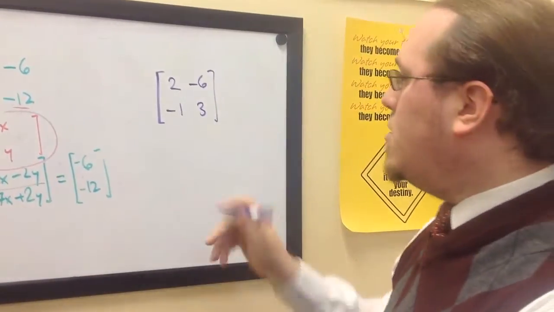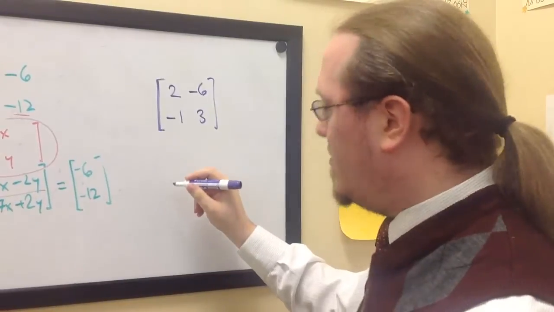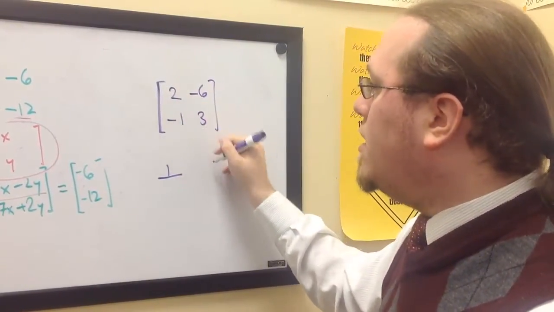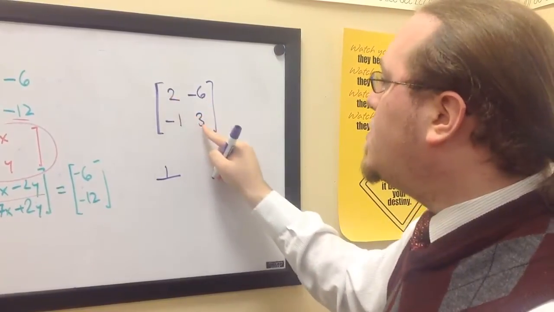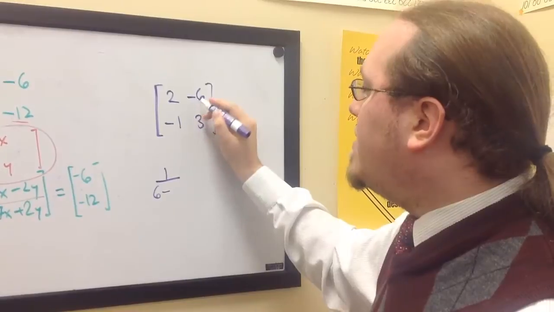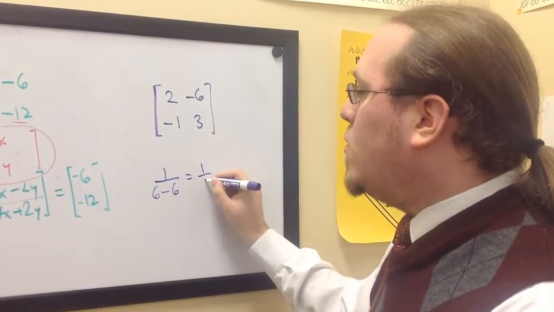So the way I would find the inverse of this is I would have to do 1 divided by the determinant. So the determinant is going to be 2 times 3, which is 6, minus -6 times -1, which is 6. And there we've got a problem.